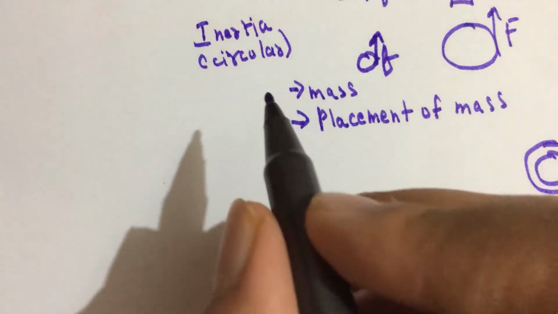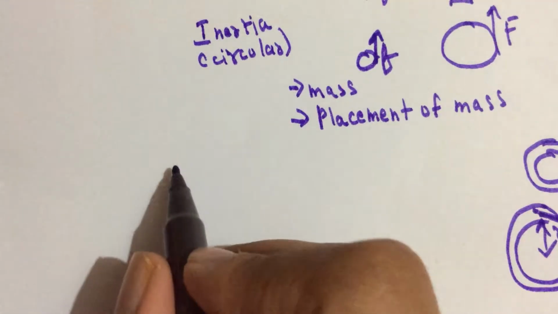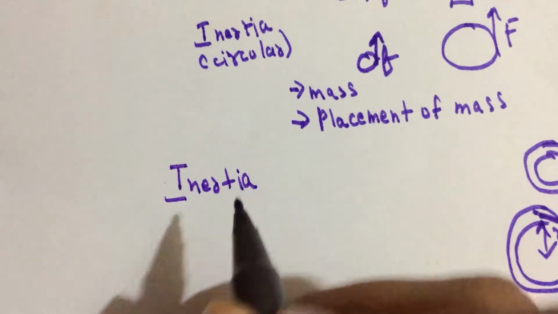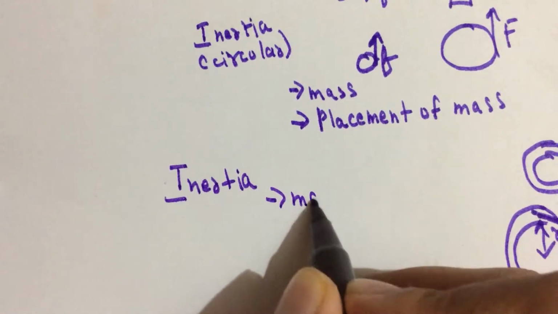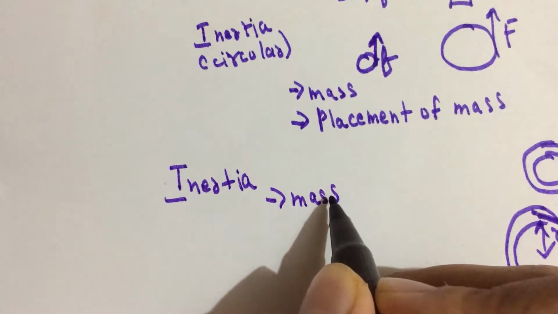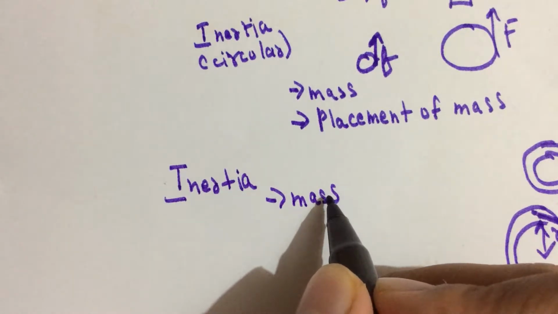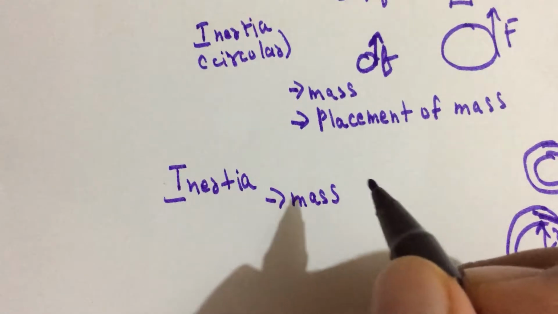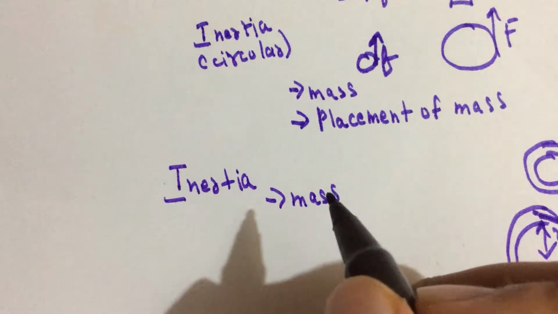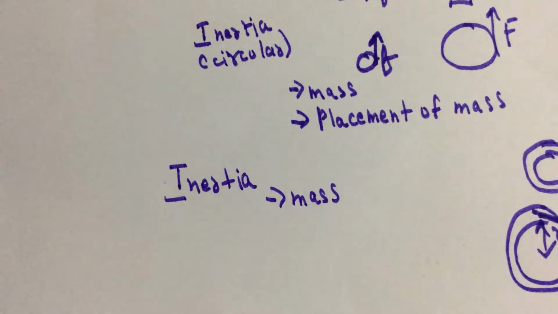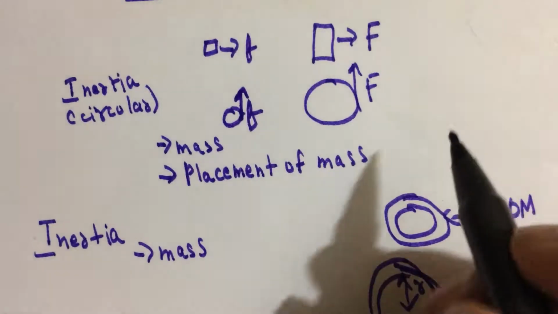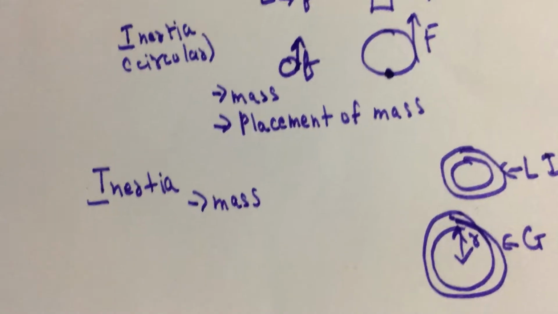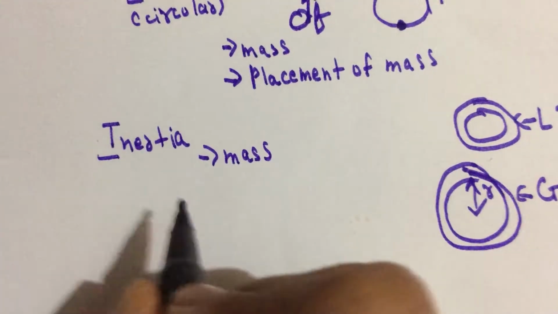So now in linear inertia, what basically matters is only the mass. So how do you quantify the mass equivalent of rotatory motion? The way we'll do that is by looking at one particular particle in this disc.